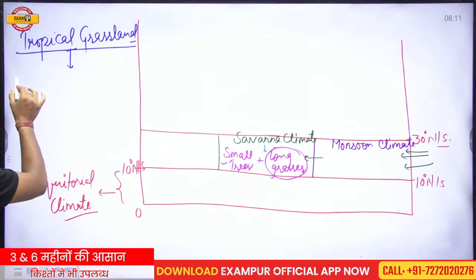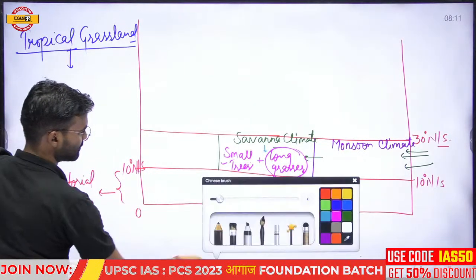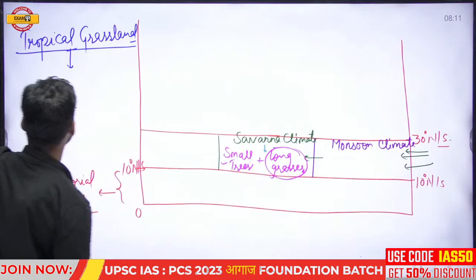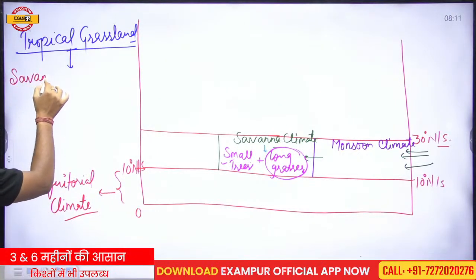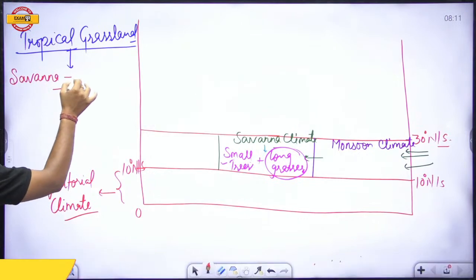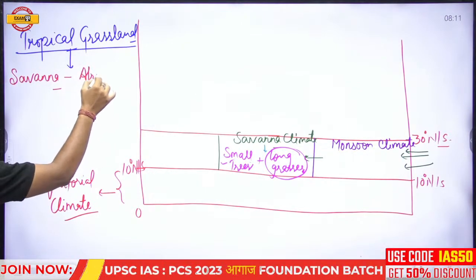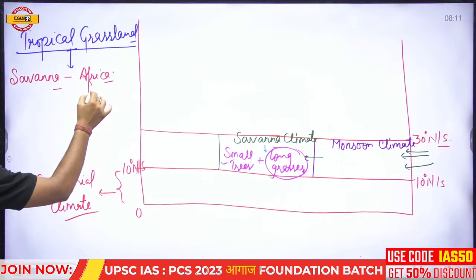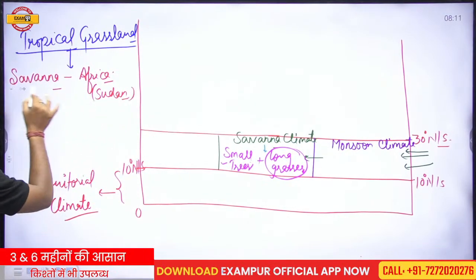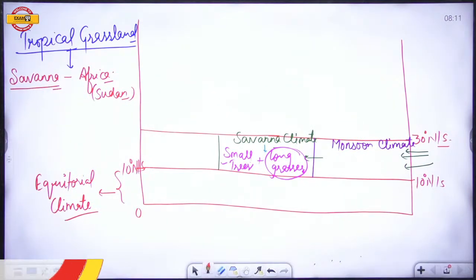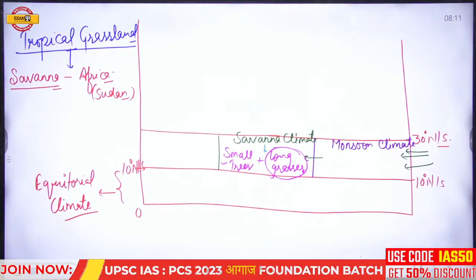It is named the Savannah Grassland when it is found in the African continent. Savannah is basically a grassland found in the Sudan and neighboring countries. So in the African continent this is called the savanna grass, and on the name of this savanna grass, this climatic zone is also recognized as the savanna climatic zone.